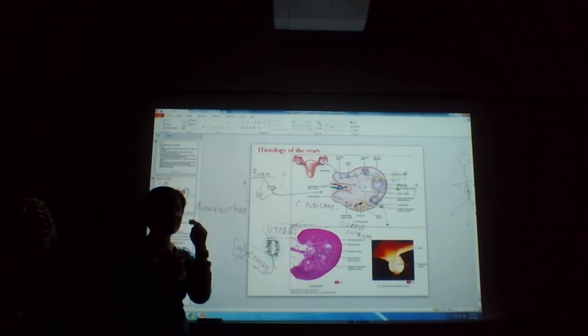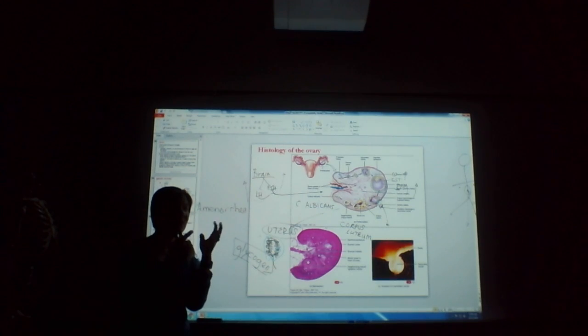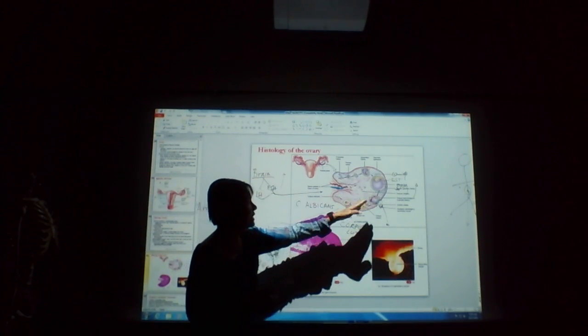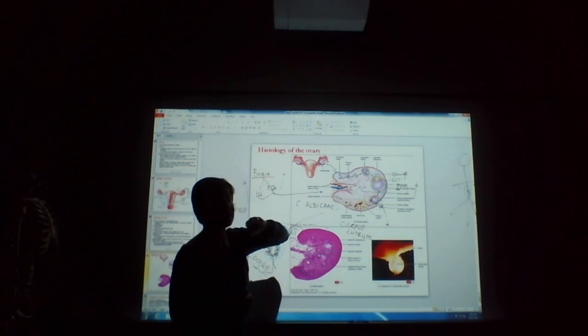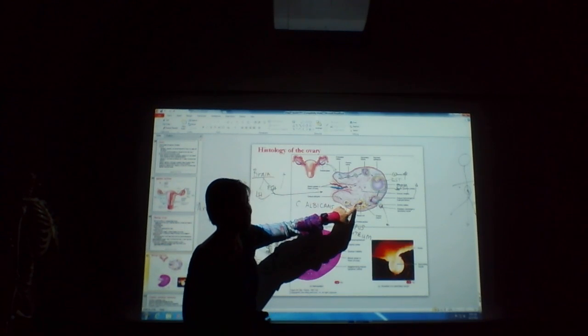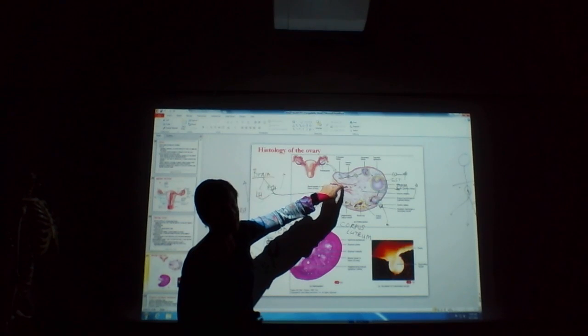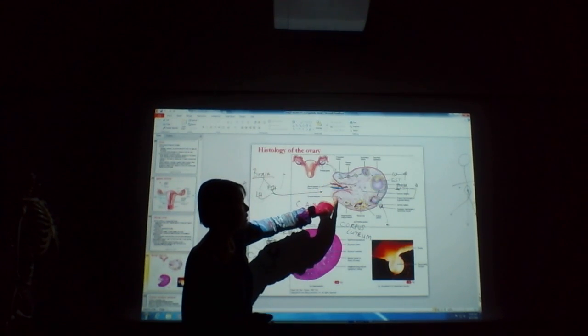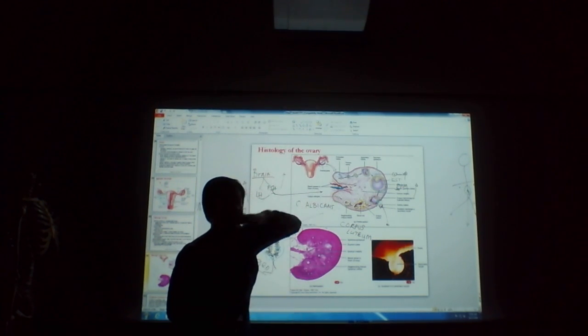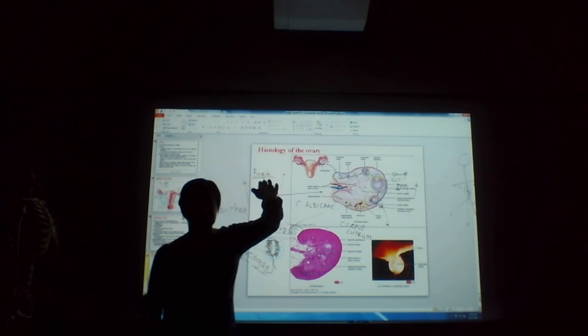But usually 2 weeks. So after that, this is the normal event. Look at this corpus luteum. You cannot prevent this from eventually becoming a scar. And when it becomes corpus albicans, it's done. It cannot maintain high levels of progesterone.